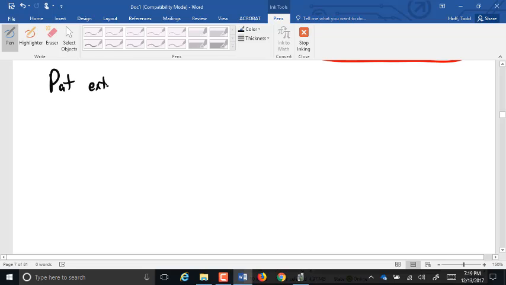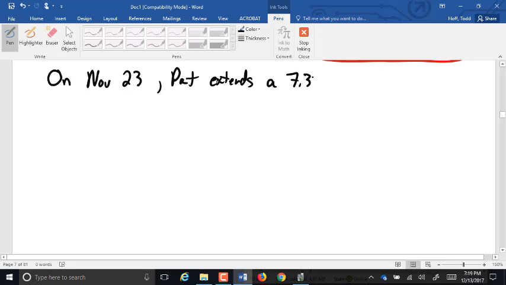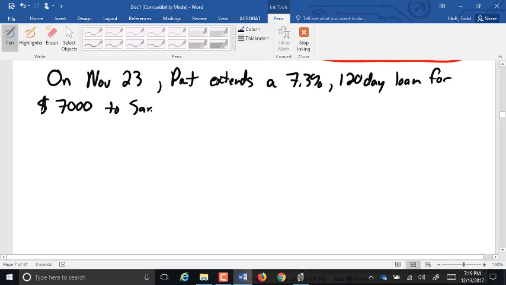Pat extends, oops, let's put a date in here. On November 23rd, Pat extends a 7.3% 120-day loan for $7,000 to Sam.